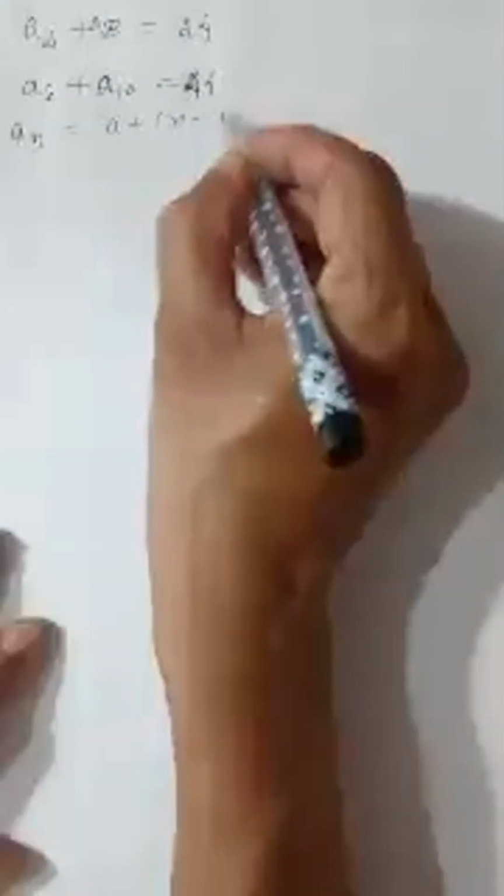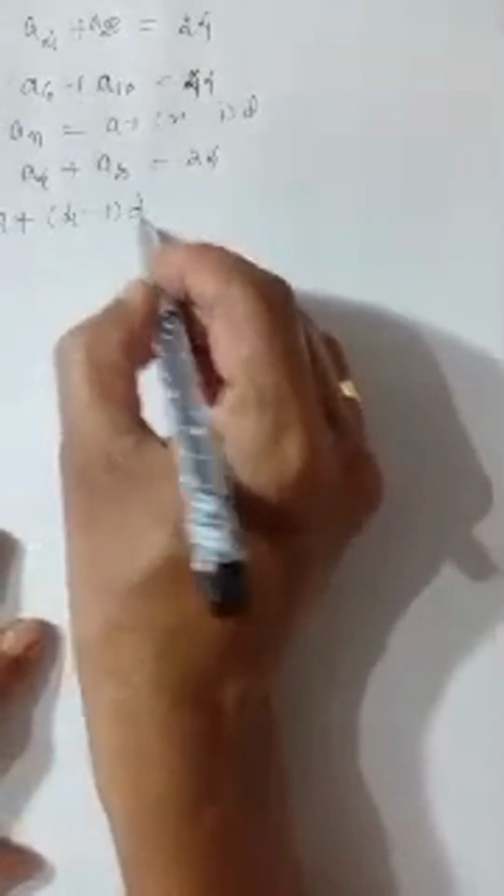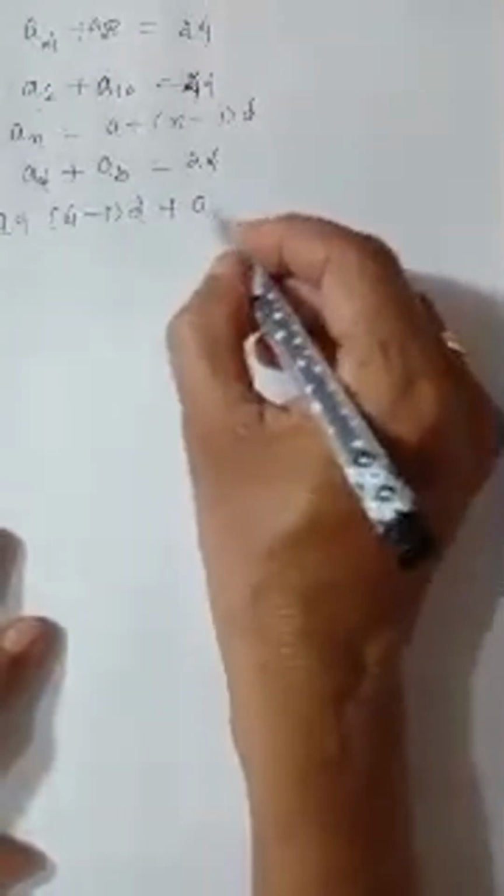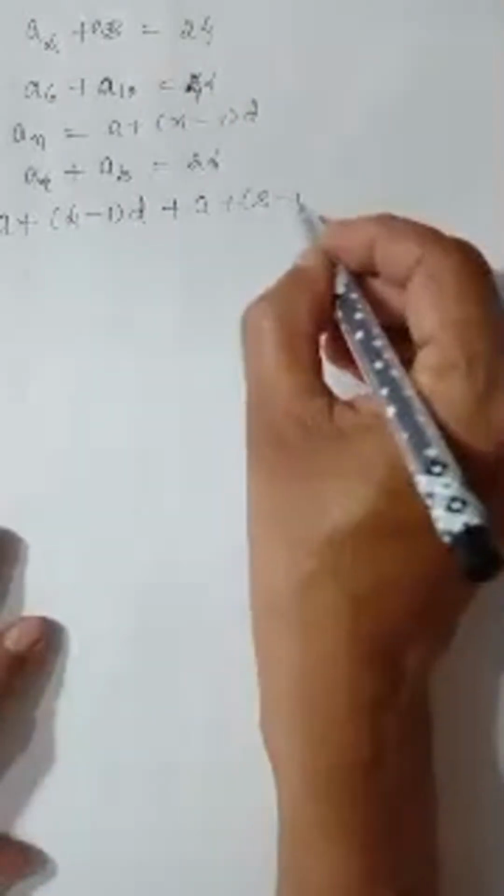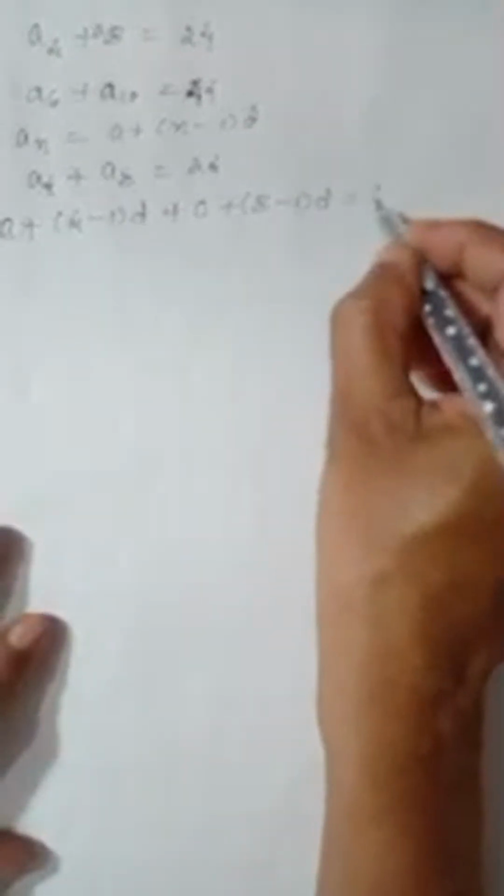an is equal to what? a plus n minus 1 into d. Here, a4 plus a8 is given, which is 24. In place of a4, I write a plus 4 minus 1 into d, plus a8, a plus 8 minus 1 into d, is equal to 24.